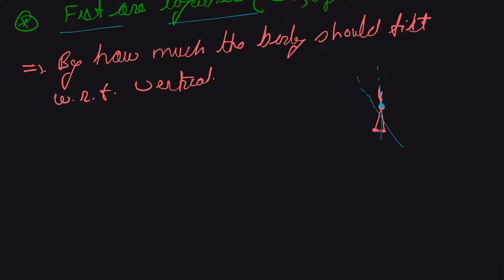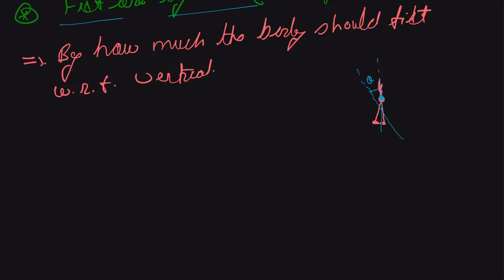Okay, so we have to find out with respect to vertical. Suppose that angle is theta, because here the distance we have assumed is close to 0. And let us suppose that angle is theta.